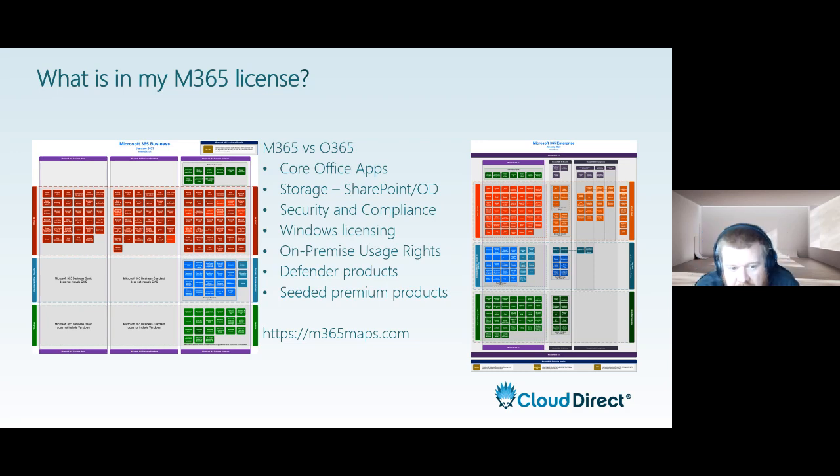And in most of the SKUs now, you get some of the seeded premium products. By that, there are some products which Microsoft license outside of Microsoft 365, such as Power Apps and the Power Platform, and things along the lines of Microsoft Viva, which is now coming to the fore. Those things are additional licenses, but parts of those product sets are within the Microsoft enterprise agreements within these license SKUs.